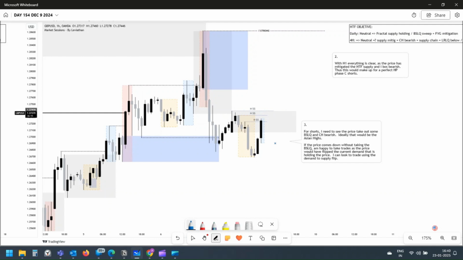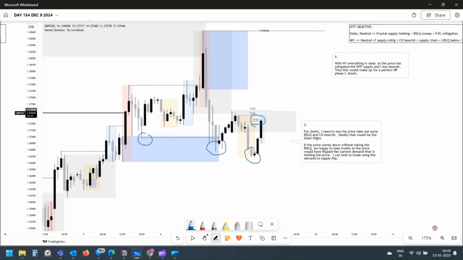Similarly in GU, like the case was in EU, I was having a ton of buy side liquidity here. So I was expecting the price to take any of the buy side liquidity and then chalk bearish, so that a fresh POI would be formed, and then I can look for trades. Otherwise, the second option that I had in mind is that this demand is a weak demand because it has already been mitigated twice, and this is the third mitigation.